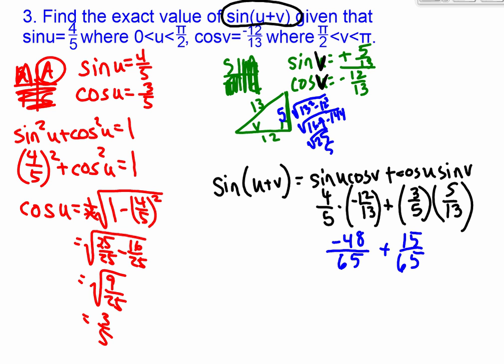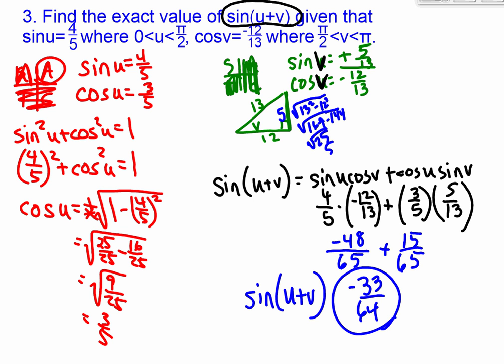And then what's negative 48 plus 15? Negative 33 over 65. And that is the exact value of sine of u plus v. And so we never had to know what the angle was, and we can still get the exact value for that one.